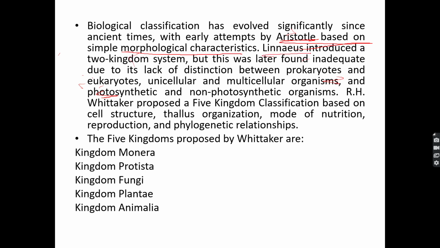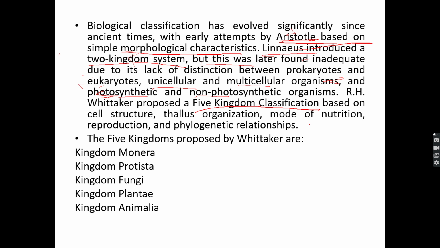Then next came Linnaeus, and he proposed a two kingdom system, but this was very inadequate due to lack of distinction between prokaryotes and eukaryotes, unicellular and multicellular, photosynthetic and non-photosynthetic organisms, etc. Next came Dr. R.H. Whittaker, who proposed the five kingdom classification, which is the most accepted classification till date.